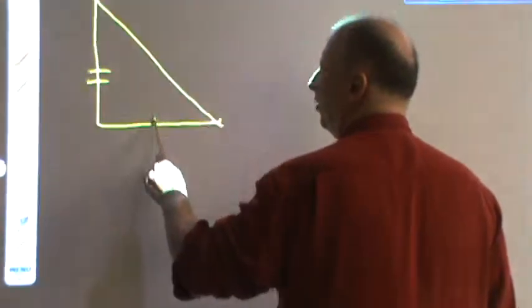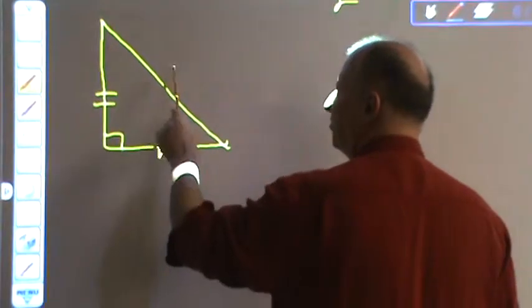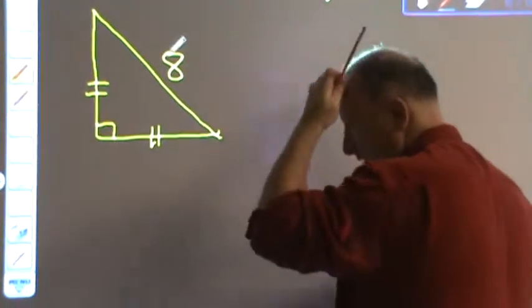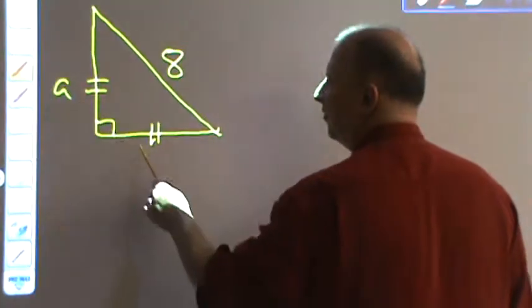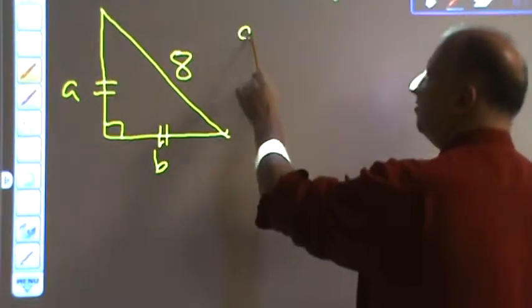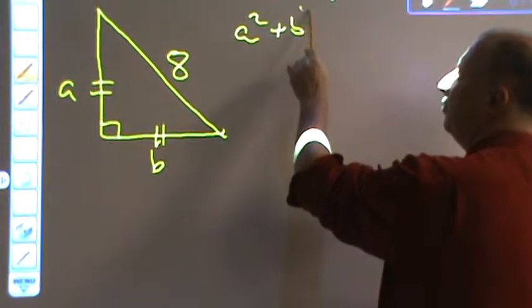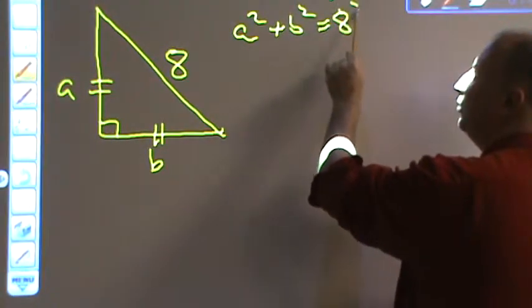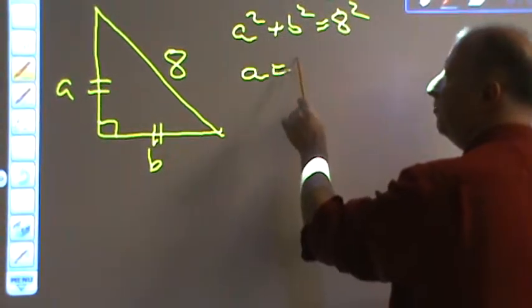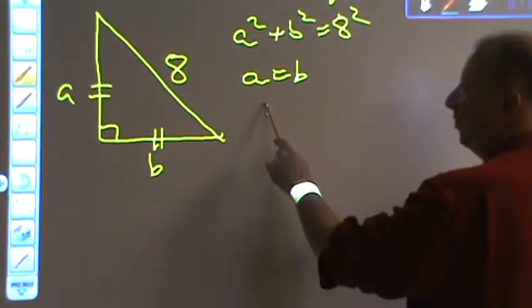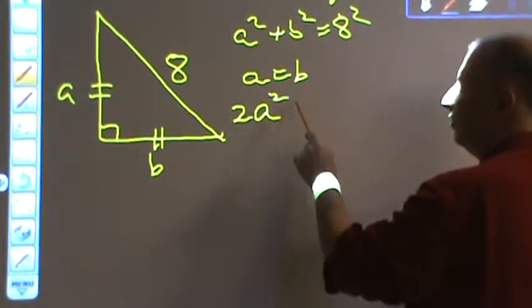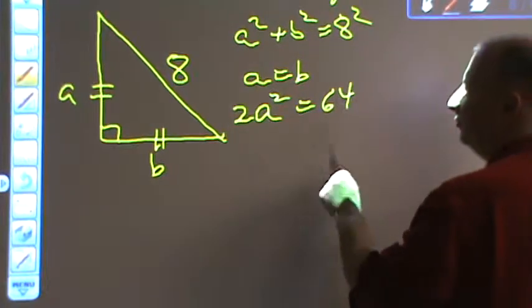Okay, let's say this is 8. Let's see what we know. If this is A and this is B, A squared plus B squared is equal to 8 squared. A is equal to B, so 2A squared is equal to 64.